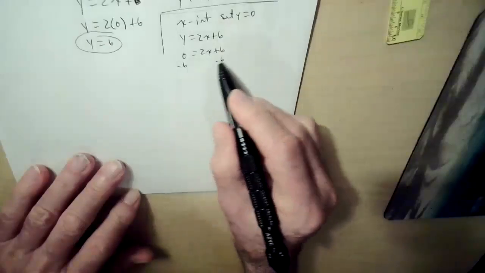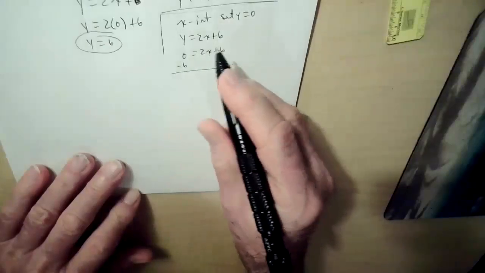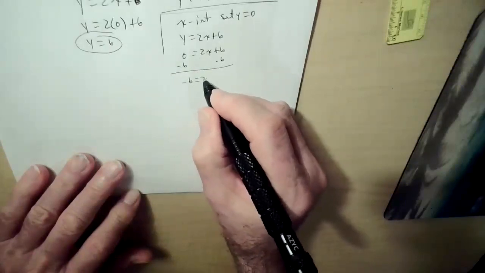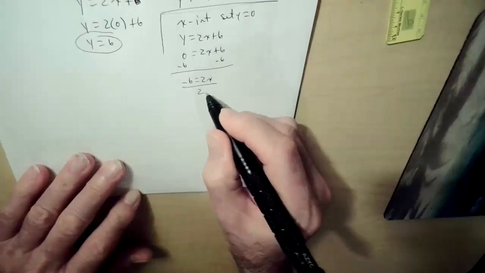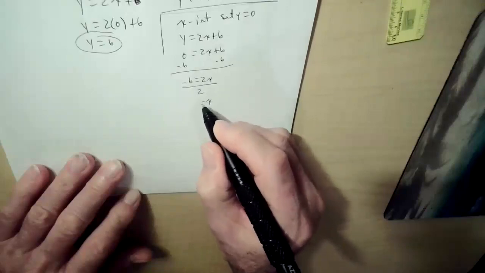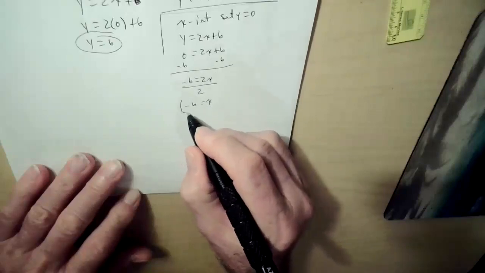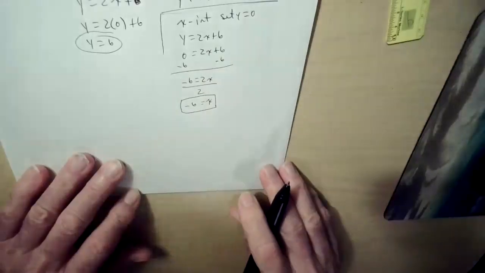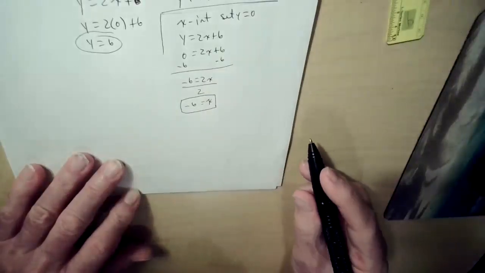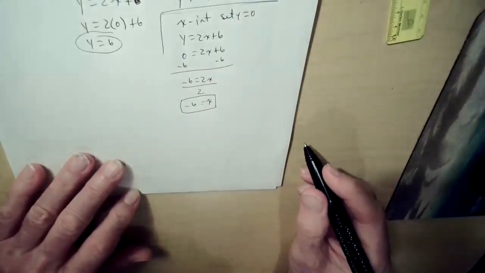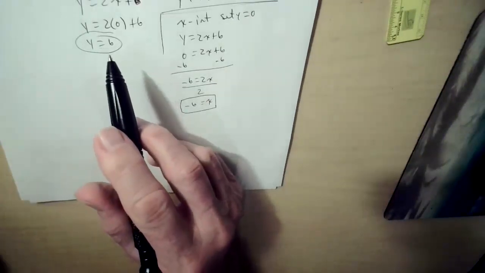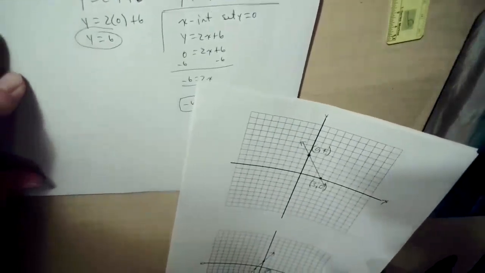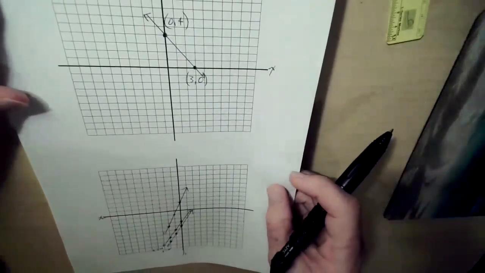Now what we want to do is solve this equation for x. Very simple algebra. Subtract 6 from each side. Remember, get rid of addition, subtraction first. We get negative 6 equals 2x. Divide by 2. X is negative 6. That's our x-intercept.